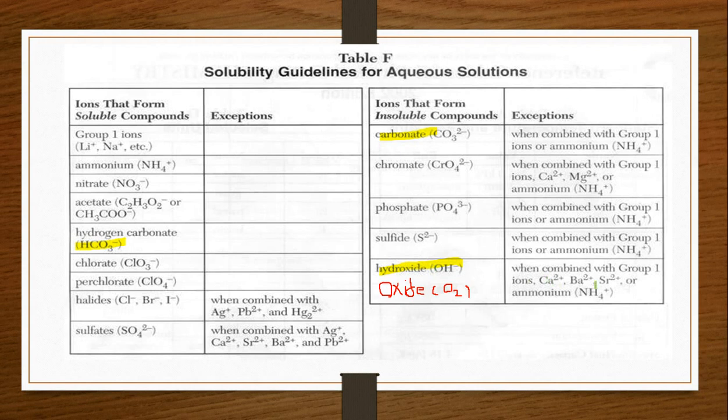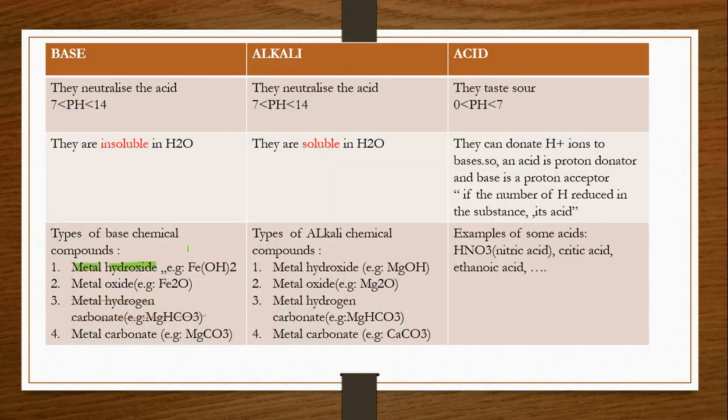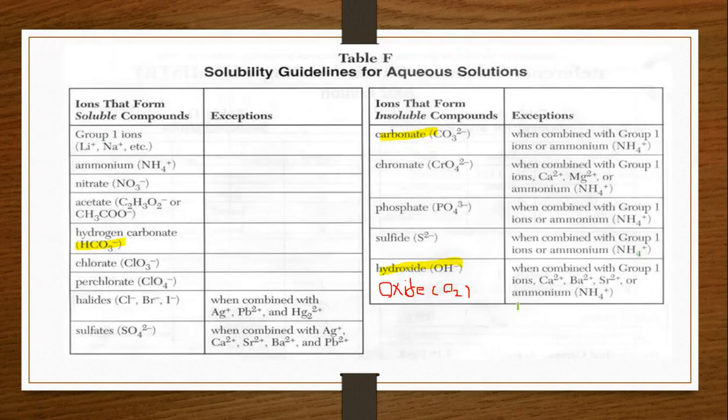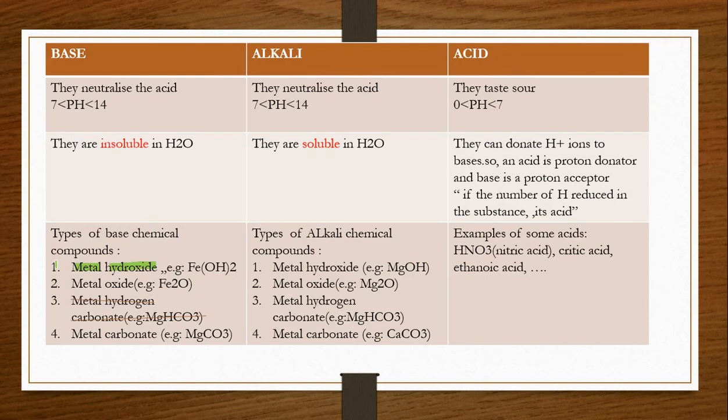If we see hydroxide with any of the group 1 ions, they're actually soluble. So I check my example, it is iron hydroxide. The iron is not any of the group 1 ions, and therefore the metal hydroxide, which has iron hydroxide as the example here, is a base.